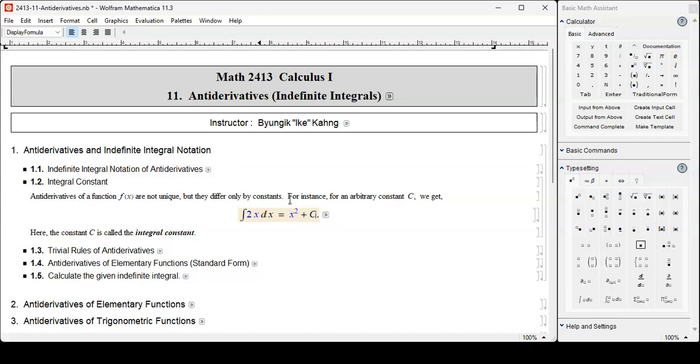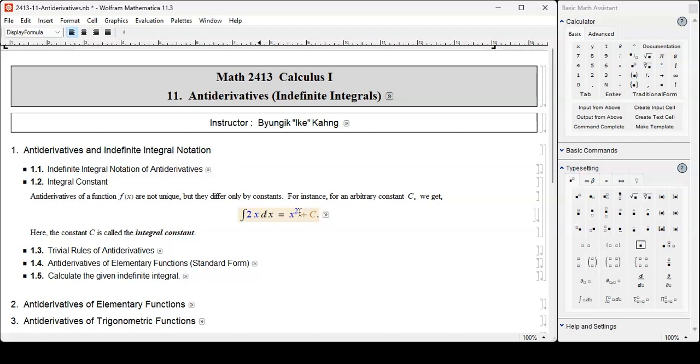Please check, take the derivative of x squared, and do you actually get 2x? Yes. But so does x squared plus 1, or x squared minus 1 over square root of 17. No matter what constant I have here, that's going to disappear when you take the derivative. So we have an arbitrary constant plus c popping up whenever you find an antiderivative function.